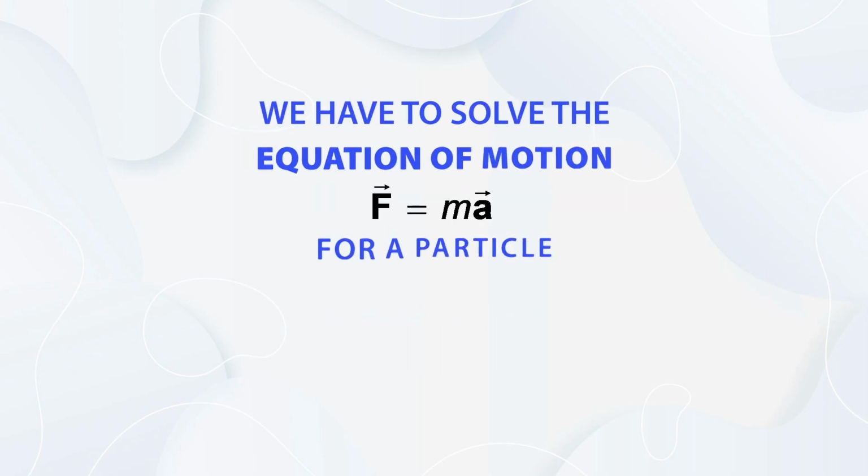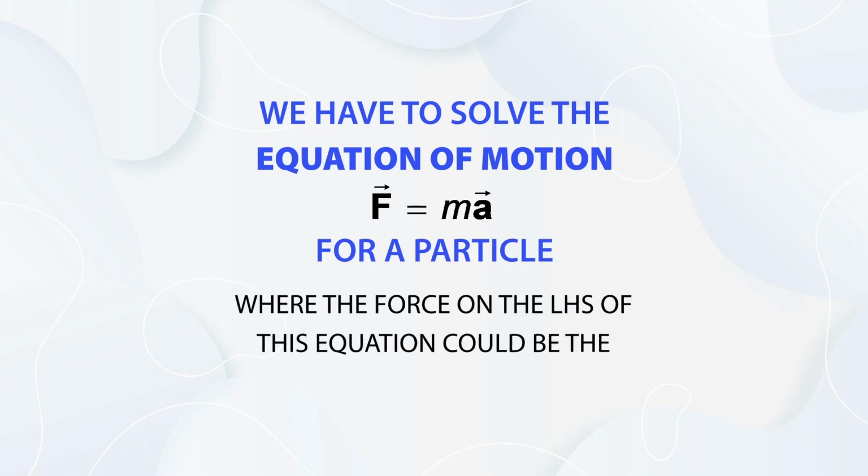The next step is to solve the equation of motion F is equal to ma for a particle. So on the left side, as you have seen, the force in this equation could be normal force, friction, tension or spring force or any combination of these forces.